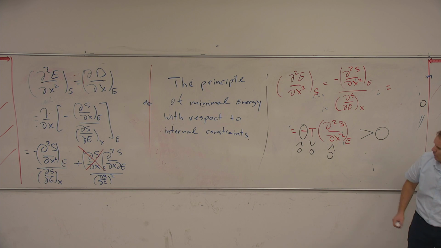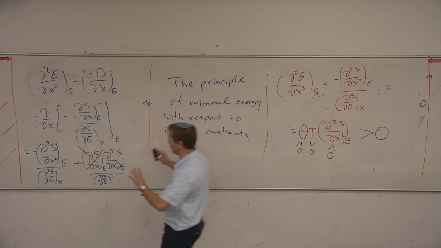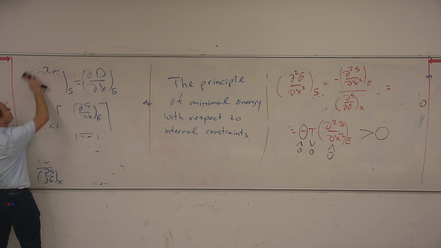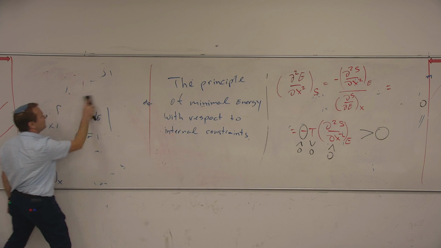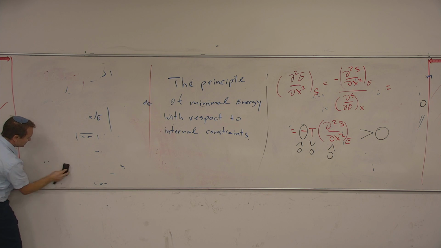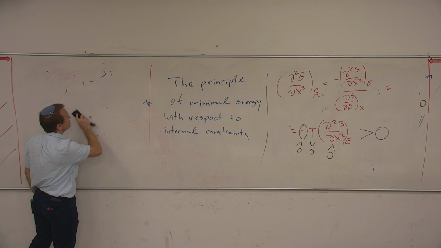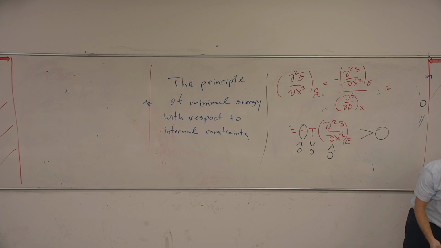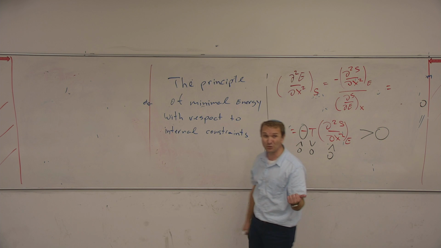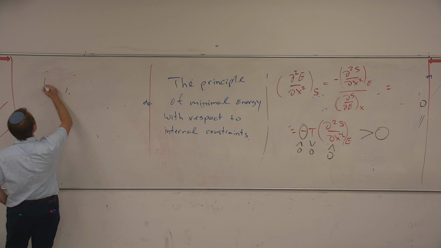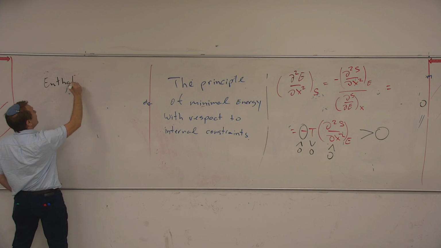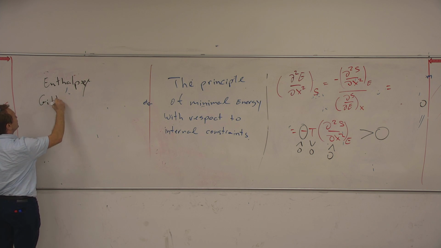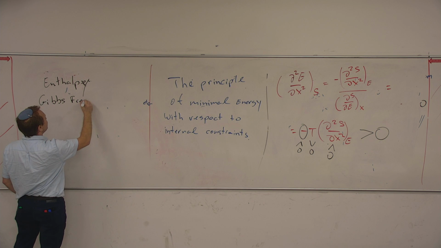Okay, so now, do we want to, or no? You definitely don't want to, but it's exactly the same fashion. We can derive the variational principles of all the generalized potentials, in the same fashion as we did here with energy. We can do the same for enthalpy, the Gibbs free energy, free energy.